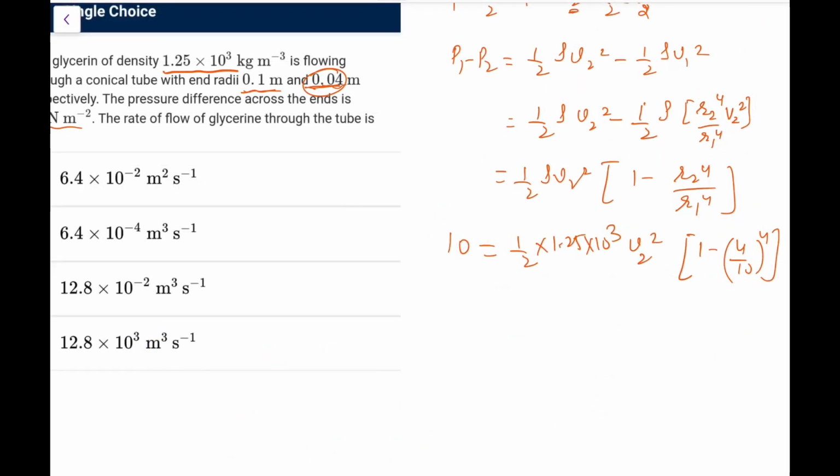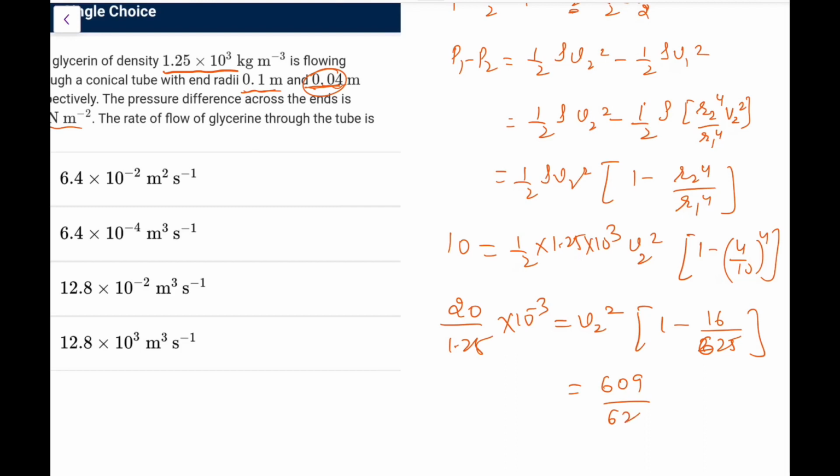So if I do this, what I'll get, 20 upon 1.25 into 10 raised to power minus 3, that is V2 square. I can write it as 2 by 5 to the power 4, that would be 16 upon 625. So what we get left with is 625 minus 16, that will give me 609 upon 625.